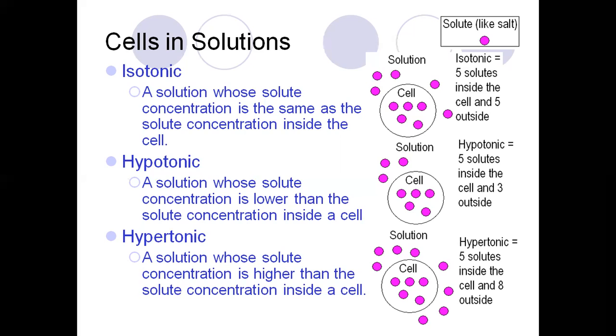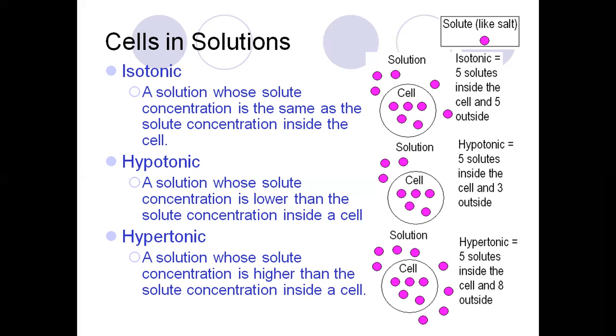A hypotonic solution is one whose solute concentration is lower than the solute concentration inside a cell. We can see in the picture that the solute concentration is higher inside the cell and low outside the cell, so the water molecules will move into the cell.